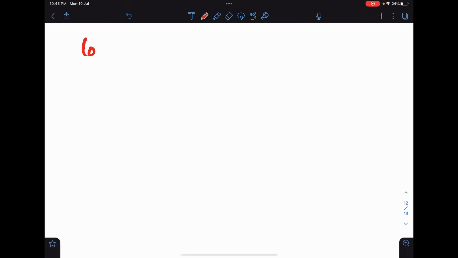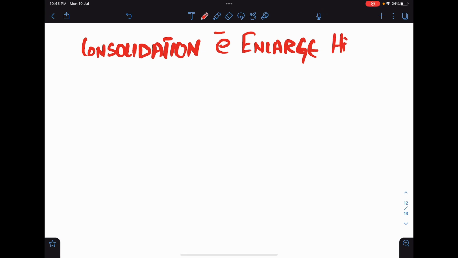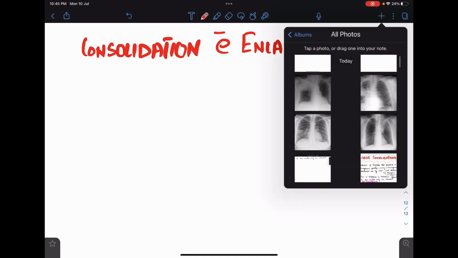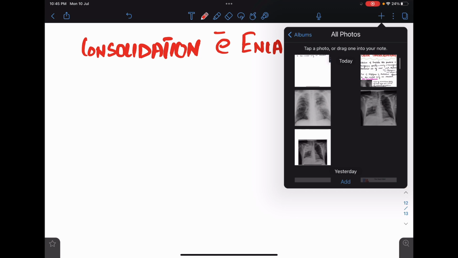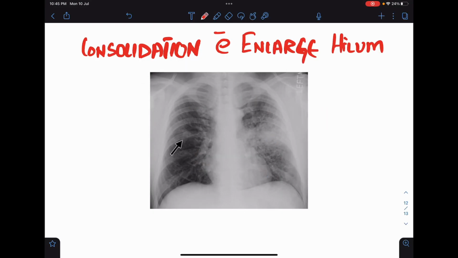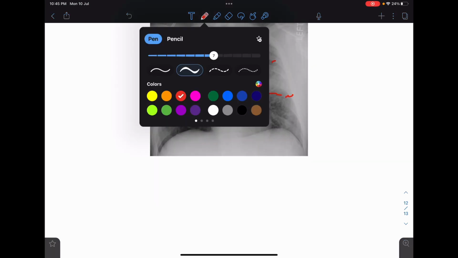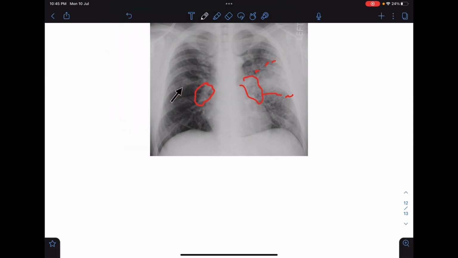The next is consolidation with an enlarged hilum. Hilar lymphadenopathy may be secondary to pneumonia, or pneumonia may be secondary to bronchial obstruction caused by a hilar mass.